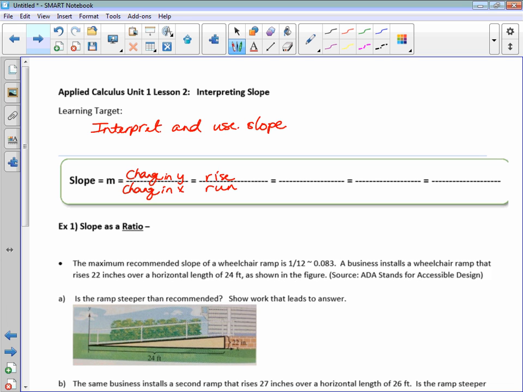What about the formula for it? Symbolically, sometimes you'll see this little triangle y over triangle x. That's actually delta y over delta x. The delta means change in. You can even just think of it as vertical over horizontal.